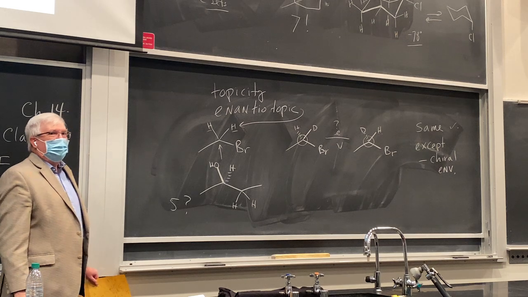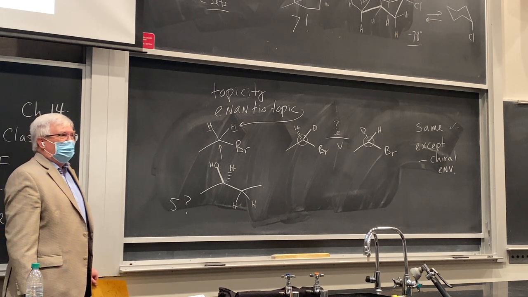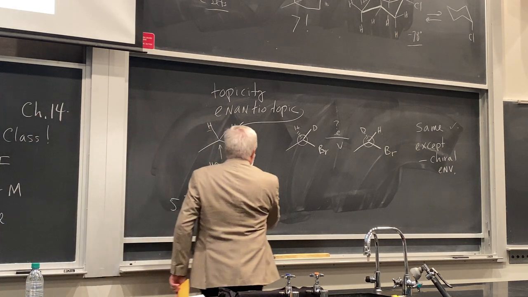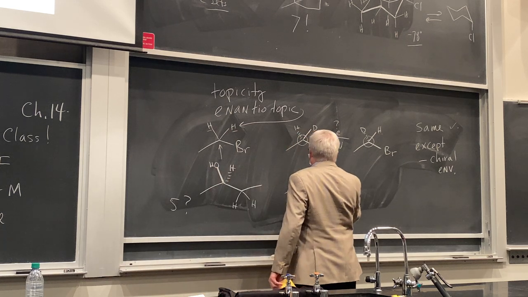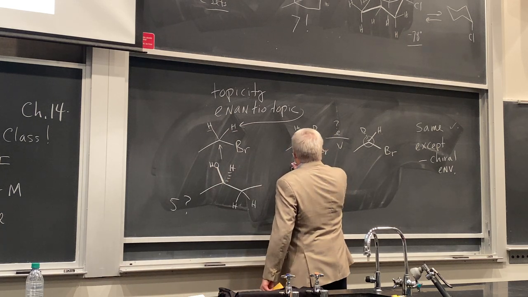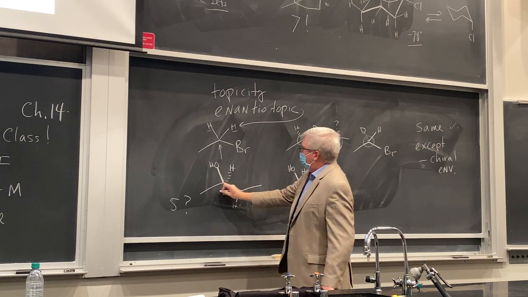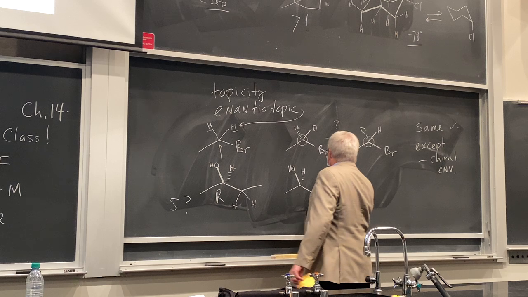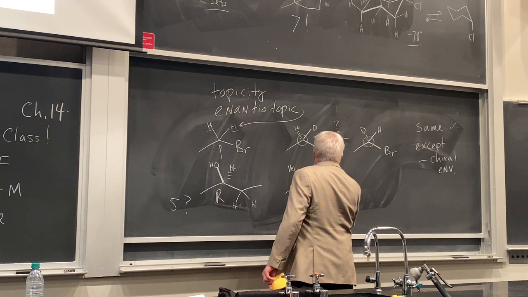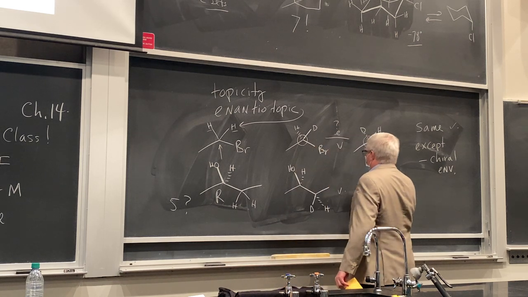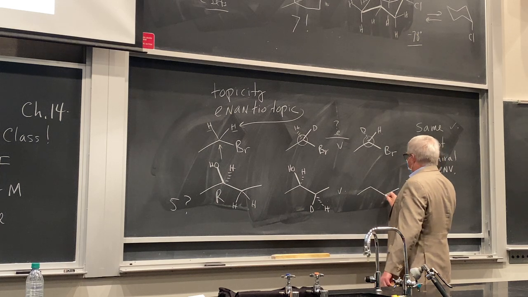Oh, we got to check the topicity carefully. Let's do our deuterium experiment here. What do we have? This is a stereocenter. We'll keep it there. What is it, the R? Yeah. Let's do deuterium first in the front versus deuterium in the back.